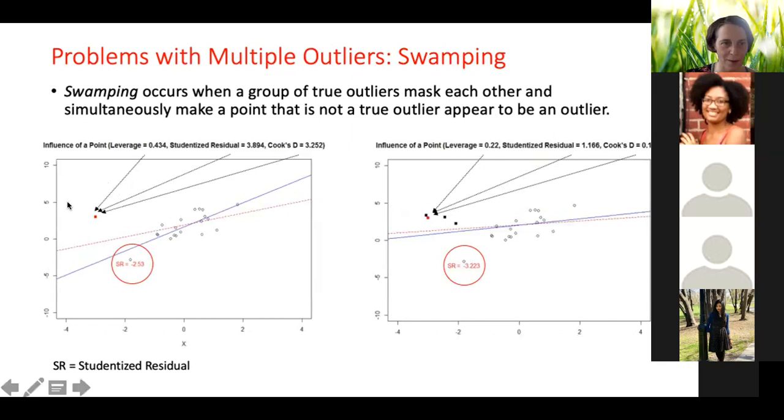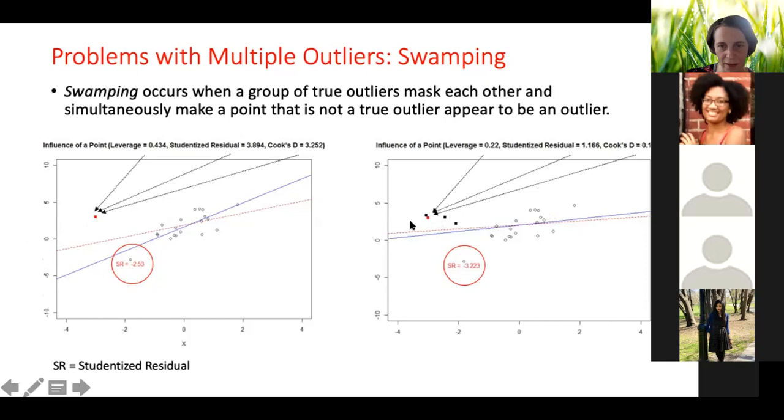So here again, we have only one outlier, and this is a data point that we are focusing on, right? Here SR is the studentized residual for the data point. So it's all okay, right? I mean, if there's only one outlier in the data set, then again, the blue line is without the red outlier, the red line here is with the red outlier.